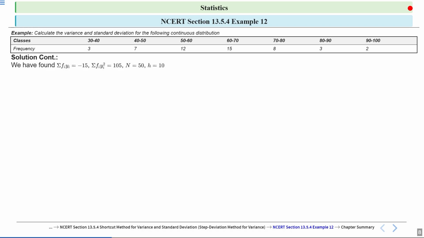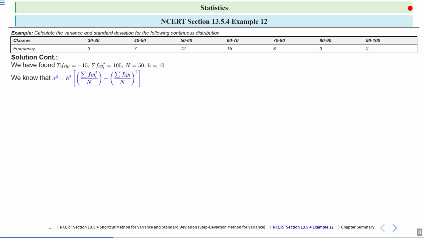Here fi represents the frequency for each class, yi is the deviation of the class mark from the assumed mean, and h is the width of each class interval. These values will help us plug into the variance formula. Let's recall the formula for variance in a continuous distribution using the step deviation method.